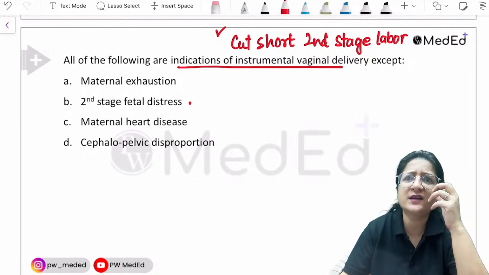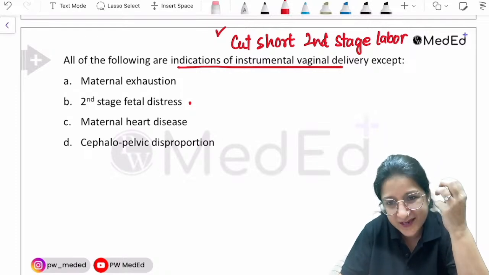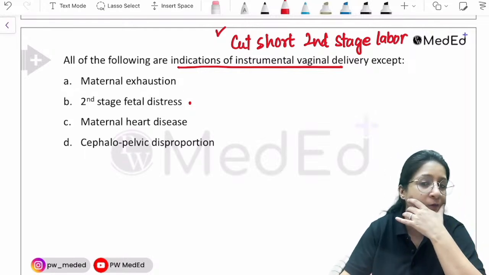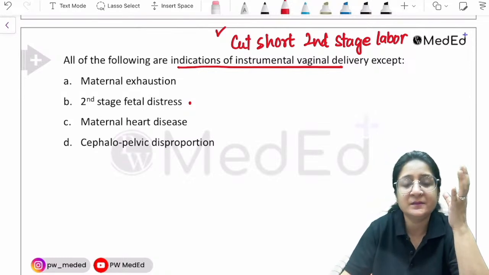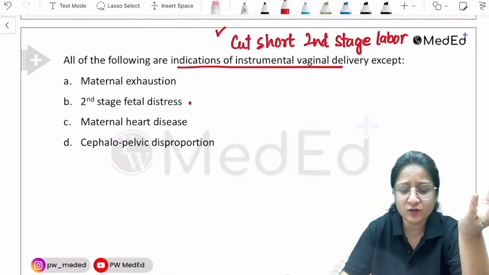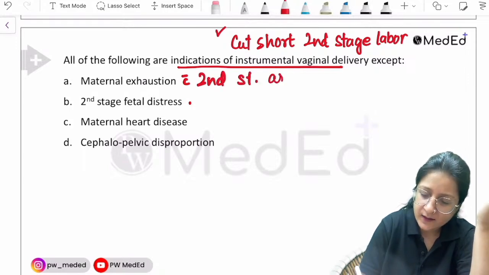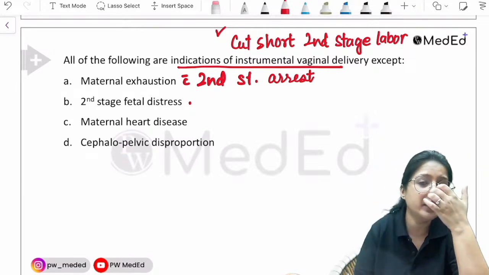Or the mother is so exhausted that despite my utmost efforts of counseling and reassurance, she is not bearing down. The second stage has arrested, and I want to achieve a delivery, otherwise the baby would get compromised.